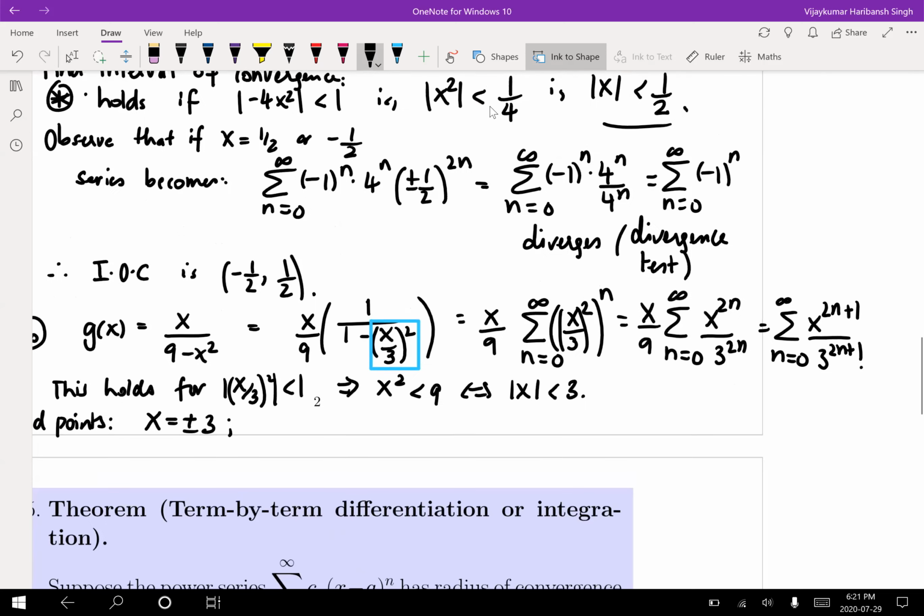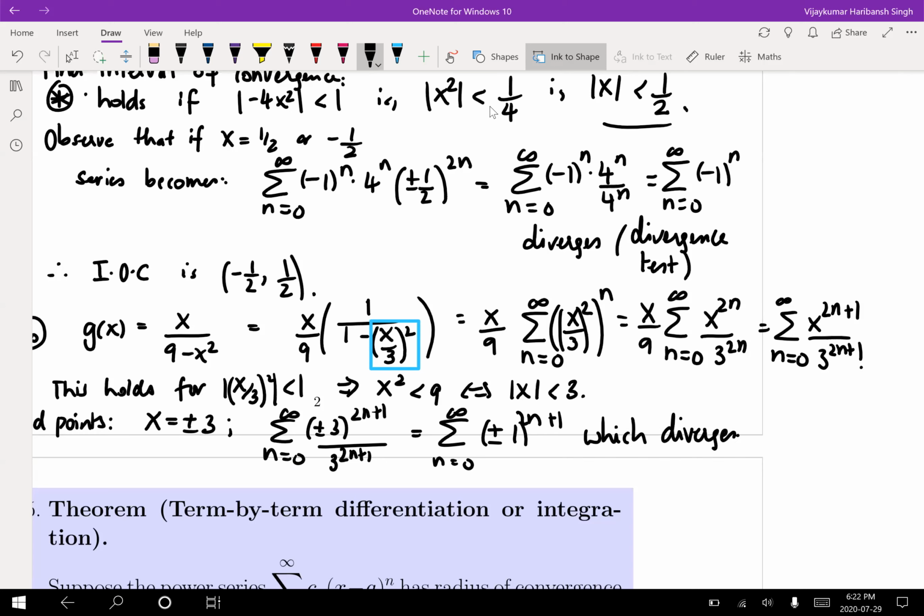The series becomes summation n equals 0 to infinity plus or minus 3 to the power 2n plus 1 upon 3 to the power 2n plus 1, which is going to be summation n equals 0 to infinity plus or minus 1 to the power n, which diverges. So therefore, the interval of convergence is equal to minus 3 to 3.